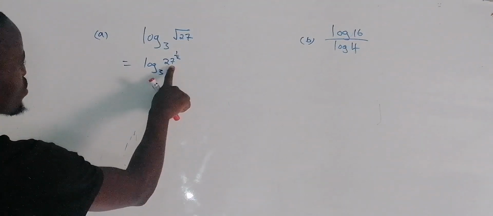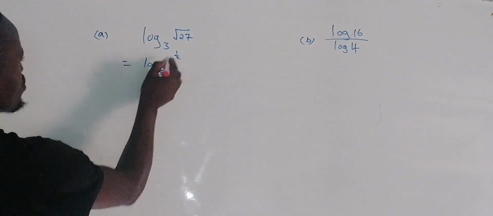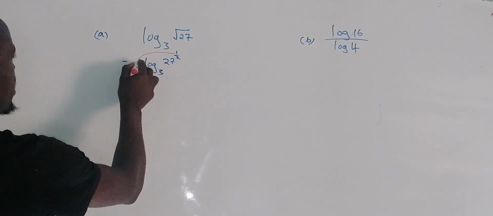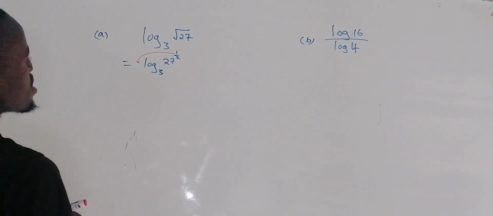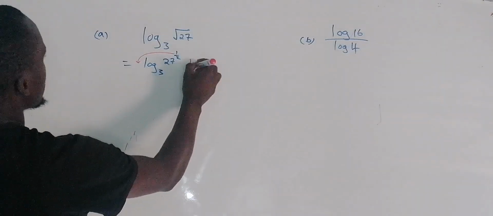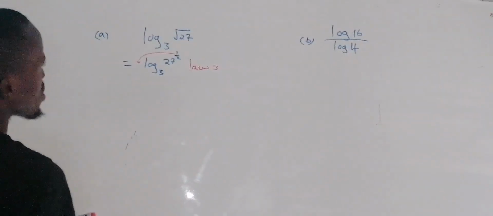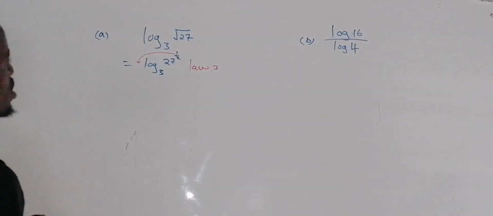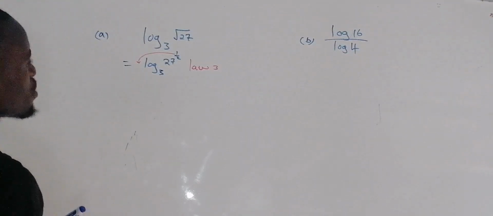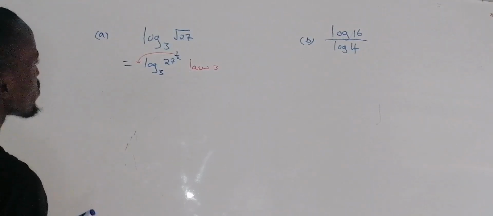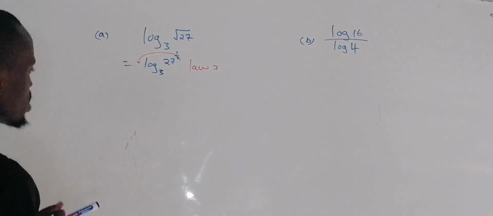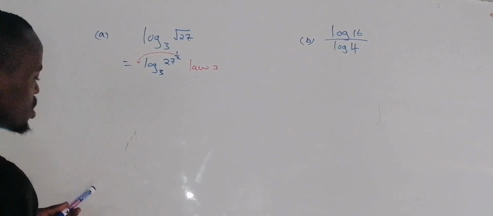Then here we have 2 exponents, meaning that we have to make this the coefficient, meaning it's law number 3. I don't know if it's law number 3, but just go back to the beginning of the lesson to check. But what I'm doing is correct.